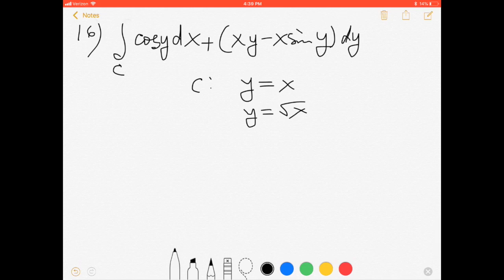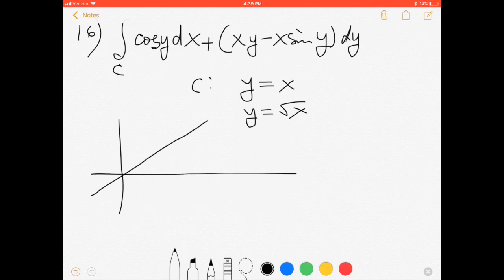First we need to see what kind of object we have. We have y equals x and y equals square root of x.